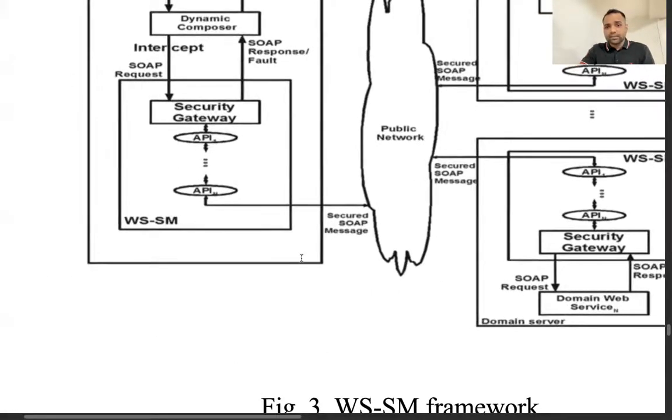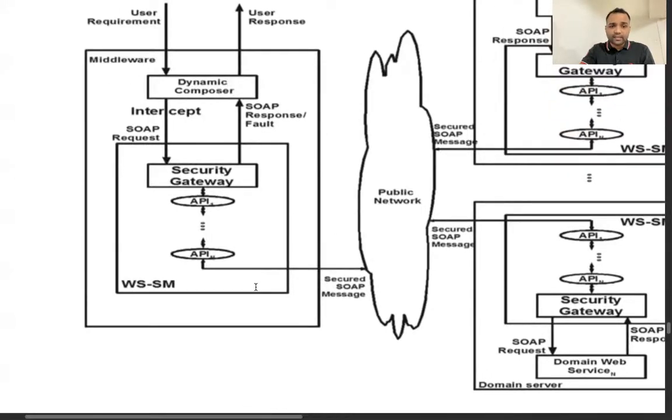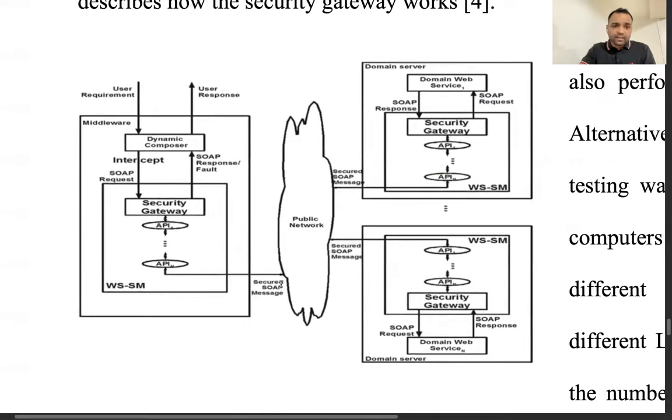So here we can see that there's a dynamic composer on the middleware side, on the user side, and there is another server side. When the dynamic composer receives the user requirement, the message will go through the security gateway, and the dynamic composer keeps a copy of that message.